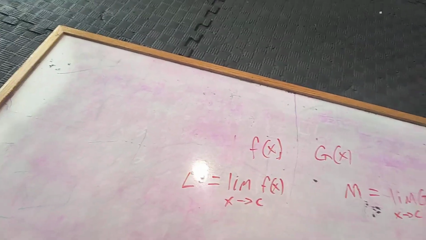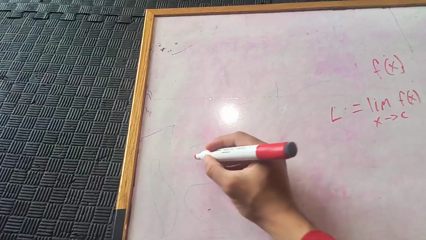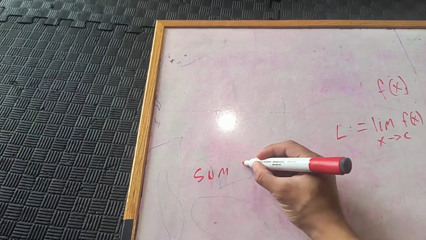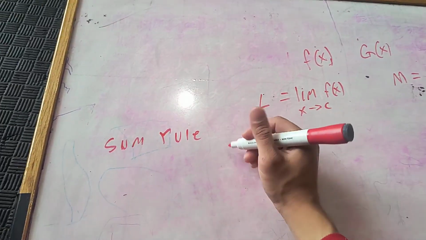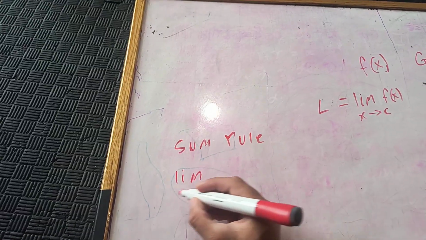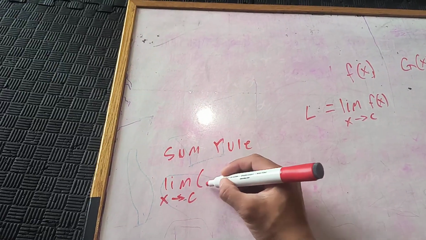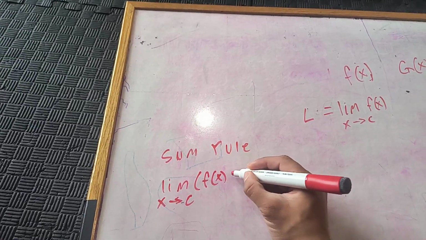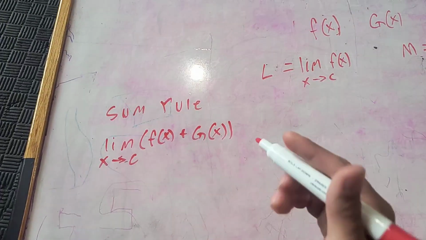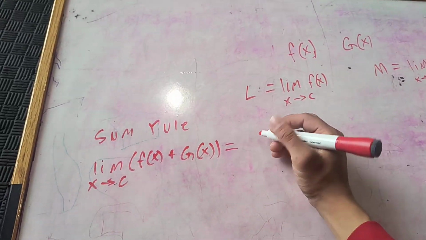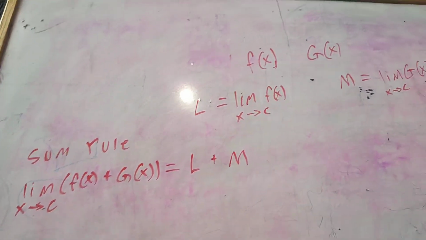Okay, the first rule we're going to learn about limits is the sum rule. The sum rule is just saying that the limit of two functions being added, f of x plus g of x, is equal to L plus m.